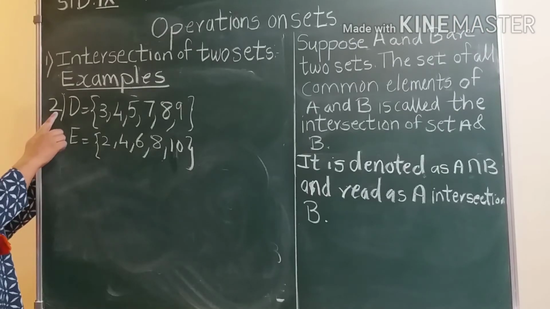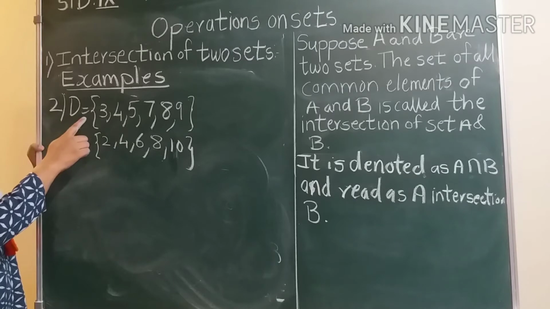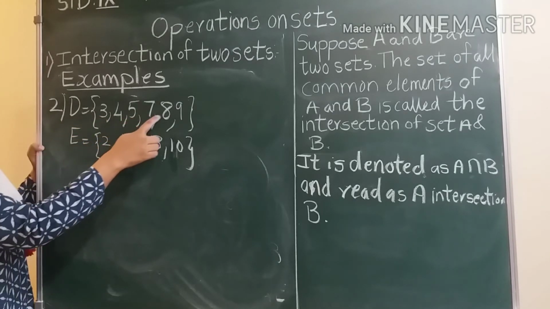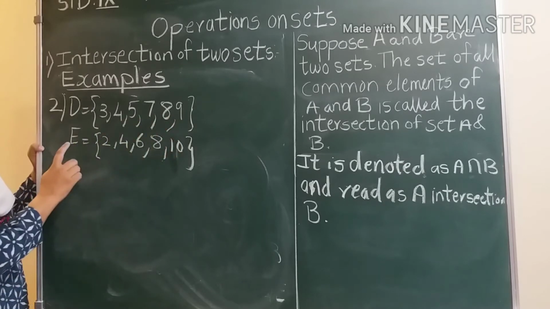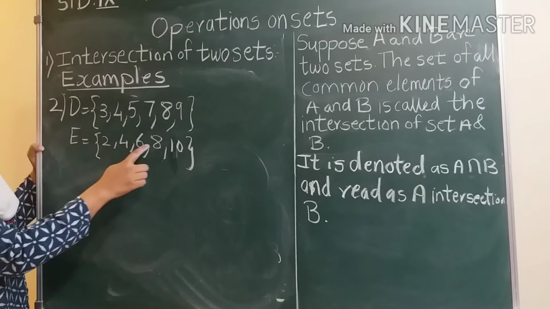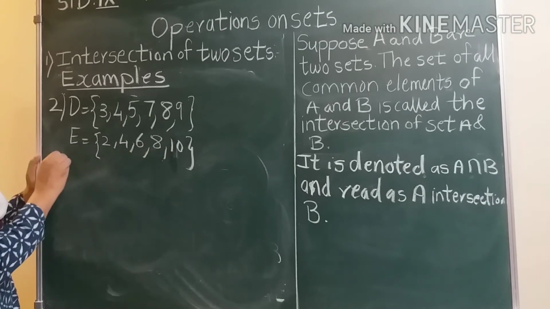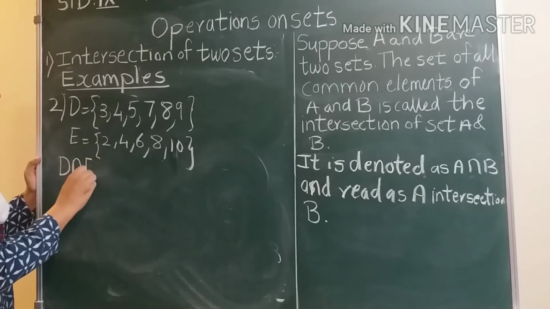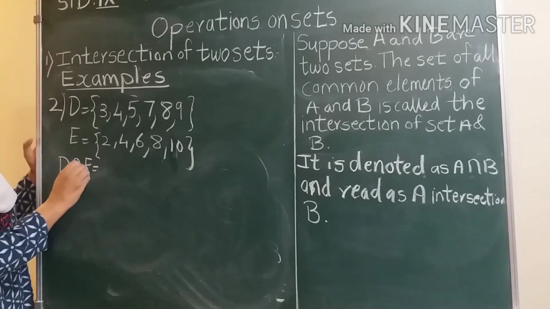Second example, set D, it consists of the following elements 3, 4, 5, 7, 8, 9. Set E, it consists of the following elements 2, 4, 6, 8, 10. Now we are going to find out D intersection E. So what is D intersection E?